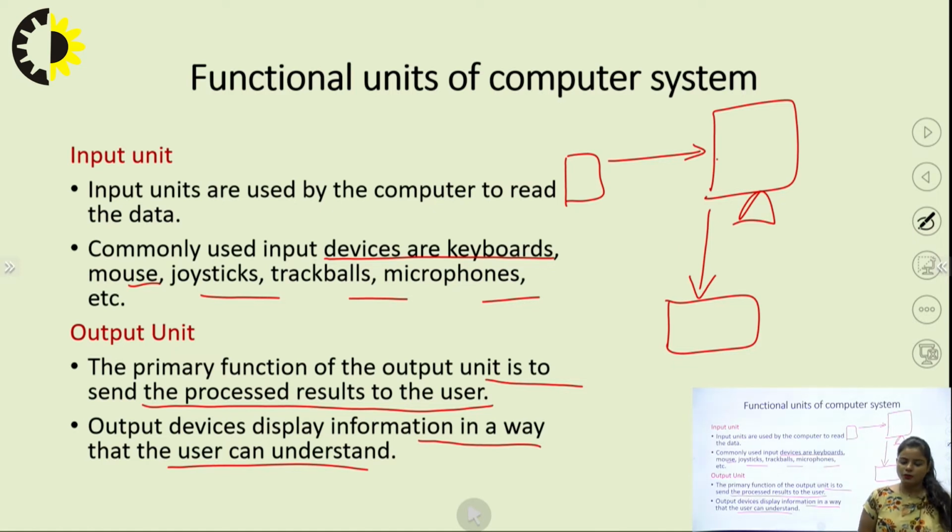Suppose a blind person is using the system, how will they get the output? They may get output in the form of sound, touch, or graphics, in another form that they can sense. So whenever we have a different kind of medium, like if I want the data in the form of a signal, the output unit can provide the data in that form.